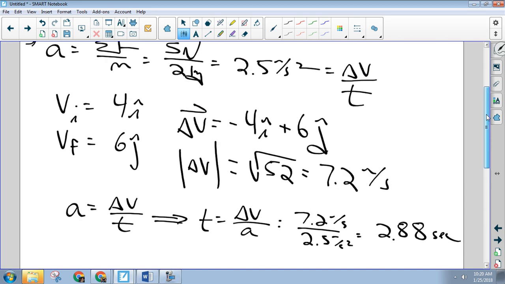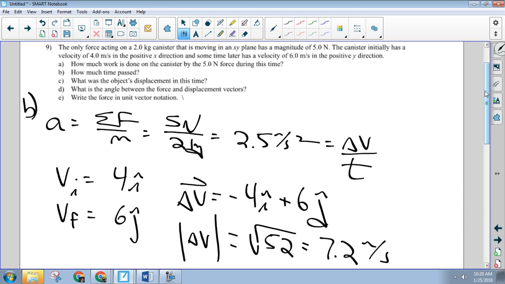So when you're calculating kinetic energy, when I did part A, the direction didn't matter, right? All I did was I said, all right, to find the work, I got to find the change in kinetic energy, right? And when I found those kinetic energies, I just used 4 meters a second and 6 meters a second, and I didn't worry about the direction at all, okay? Because kinetic energy is scalar, so direction is not important, okay?